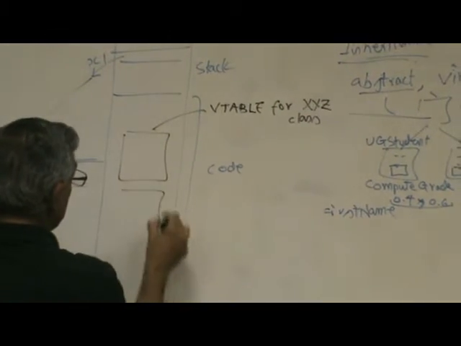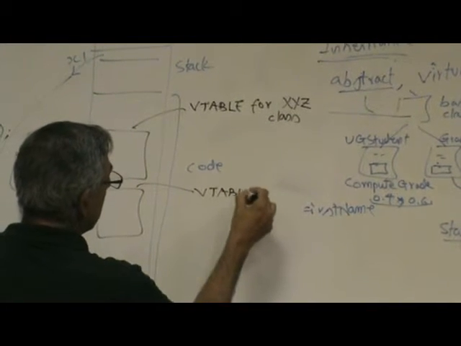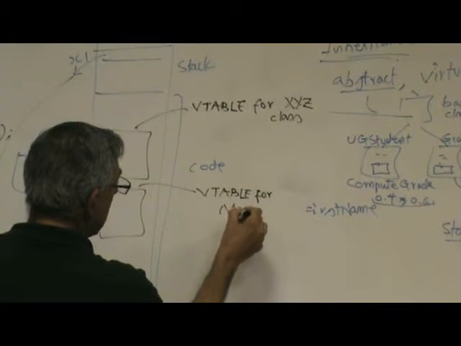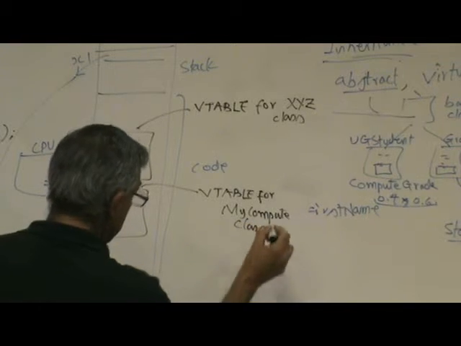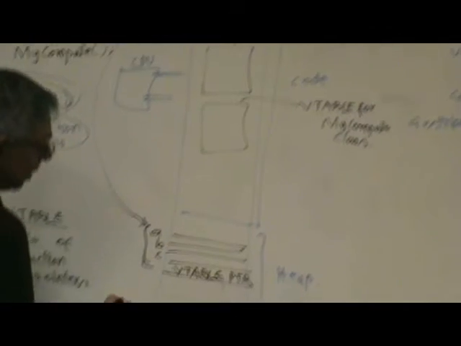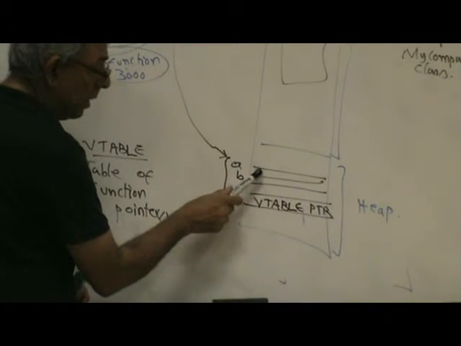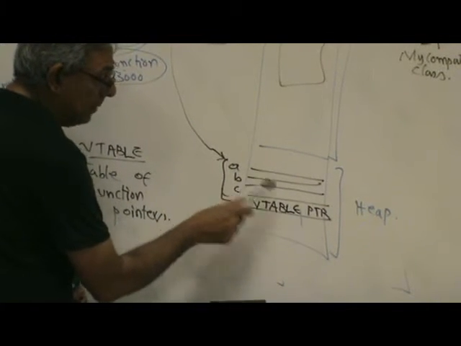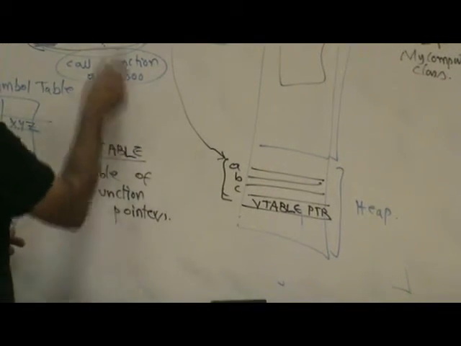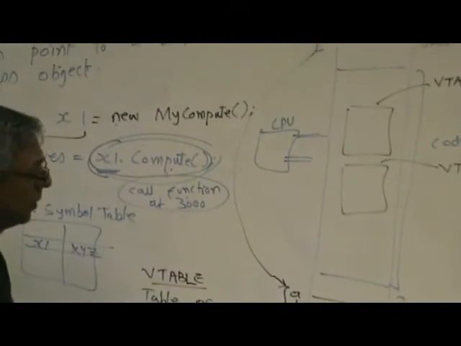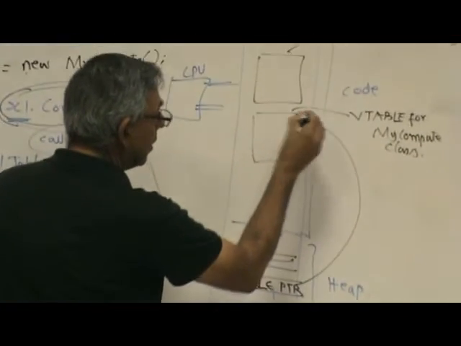There will be a vtable for my compute class. Okay, so whenever we create one object, we actually allocate one extra memory. We allocate memory for all the fields, and the extra memory is the vtable pointer. Because in this case we created new my compute, this will be pointing to basically over here.